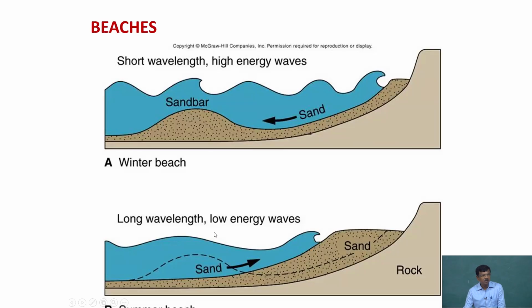But most of the time, when it is a long wave, the amplitude is much less relative to the wavelength, all are relative, and it slowly drifts this sediment bar towards the coastline.